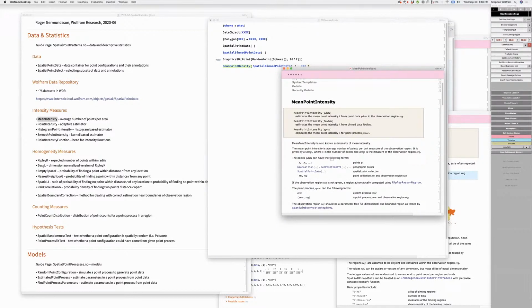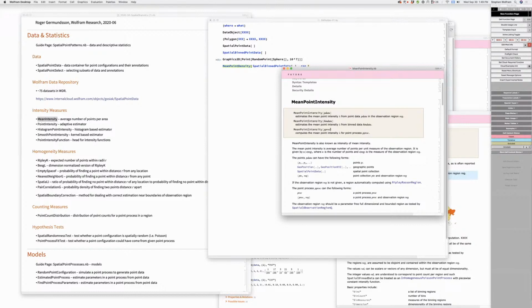Why don't you allow it to take a second argument with a region? That seems useful to me. Here's the situation. You've got a big data set of Europe showing the binned gridded population for Europe, and you want the mean point density for France.